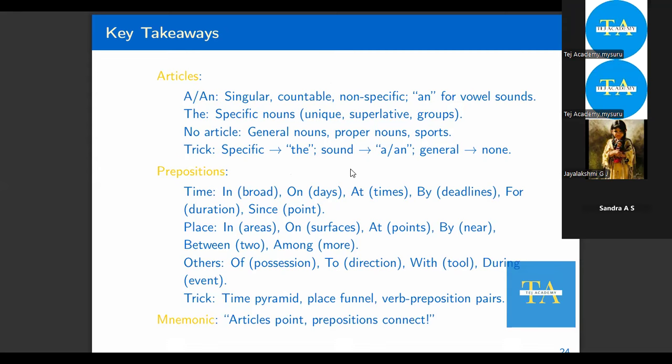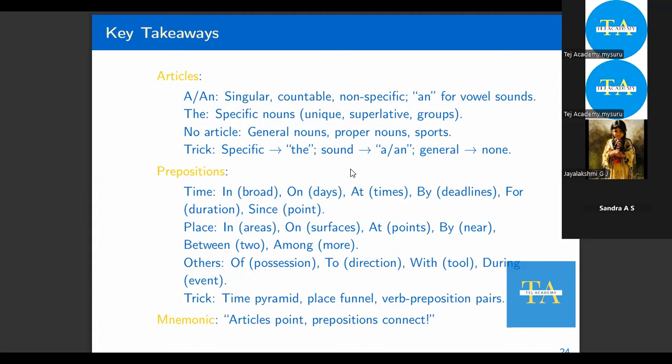And also when we speak about groups: the rich, the poor, the youth. No article is needed when we speak about general nouns, proper nouns and sports, like everyone loves to play cricket, not loves to play the cricket.